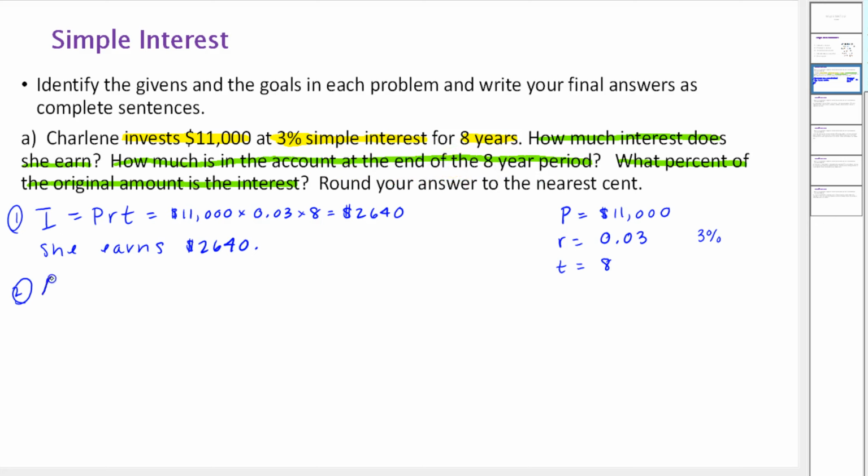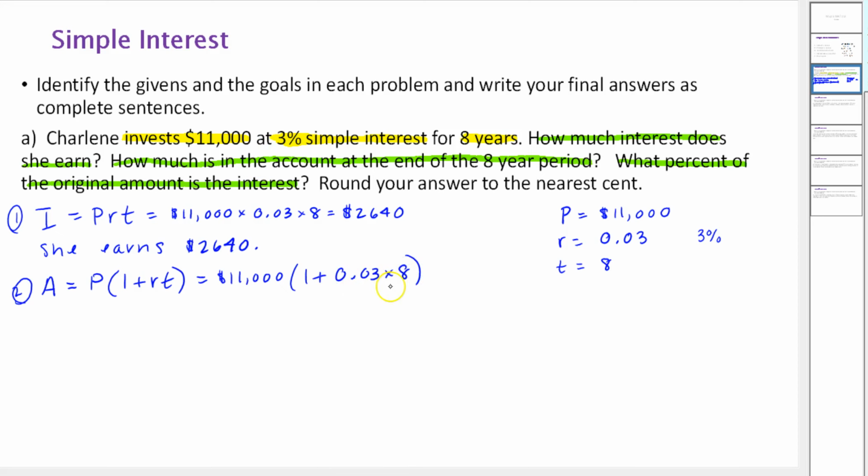And the formula from our formula slide, we call the end amount A. And we can find that using principal times 1 plus the rate times the time. Okay. Notice we have all these values. So we have 11,000 times 1 plus 0.03 times 8.